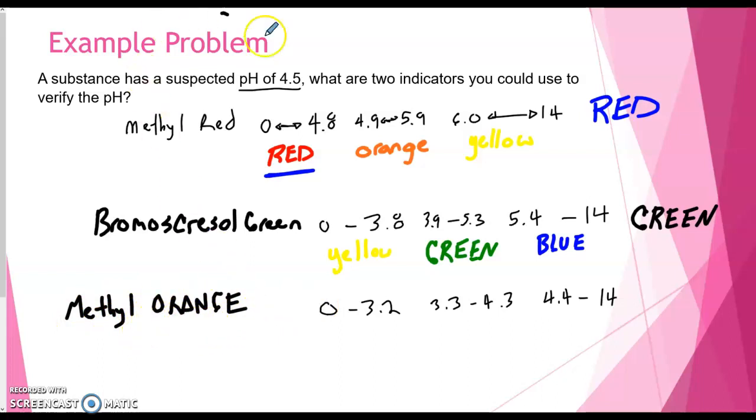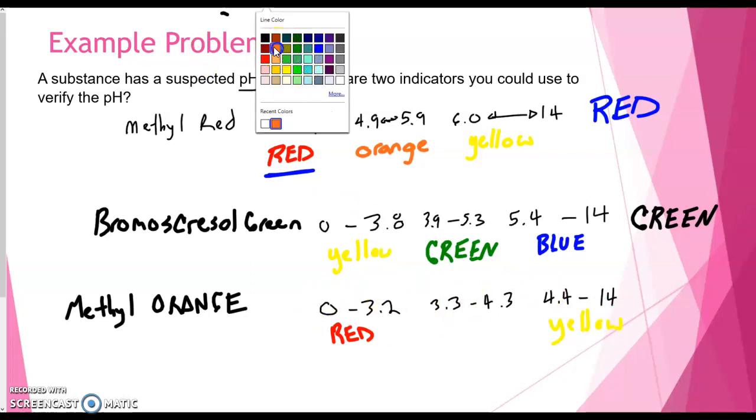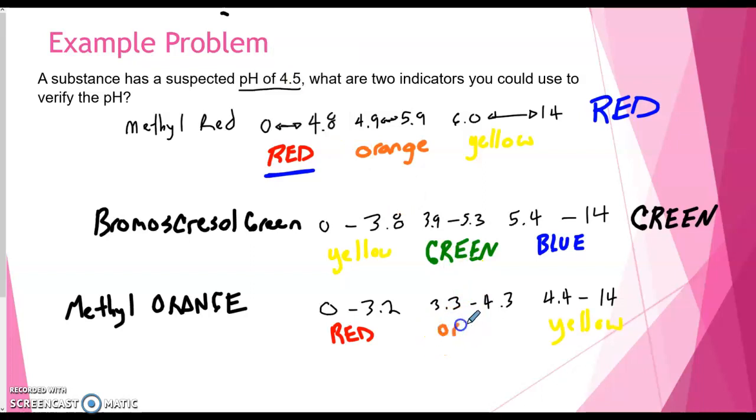If it's below 3.2, it's going to be red. If it's 4.4 or above, it is going to be yellow. And between those two, we're going to get orange, because if you combine yellow and red, you get orange.